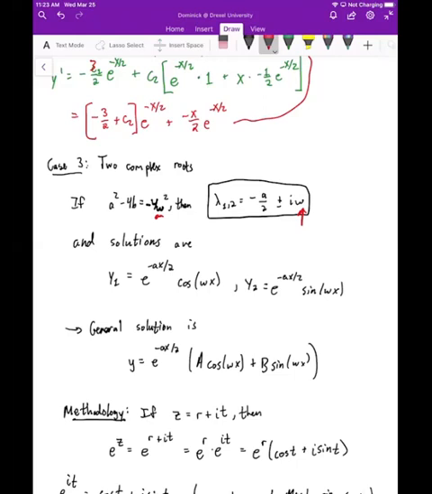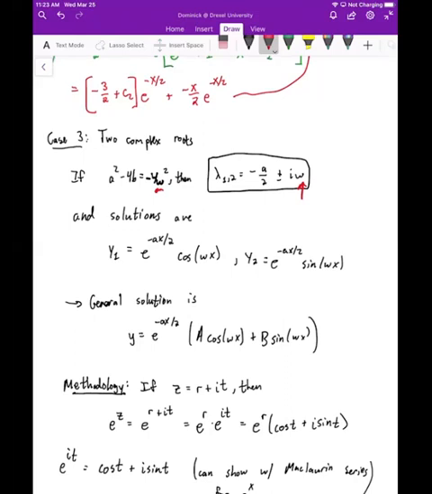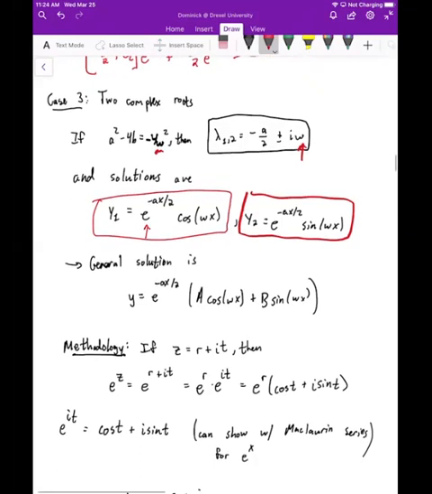So two solutions of this are y1 equal to the real part of the eigenvalue as the exponent of e times x, and then you have cosine of the imaginary part times x. And then we can have a similar solution with just sine of the imaginary part. So then that gives us that the general solution is y equals, again, exponent of the real part of the eigenvalue times x, and then we get this sum of cosine and sine terms with arbitrary constants.